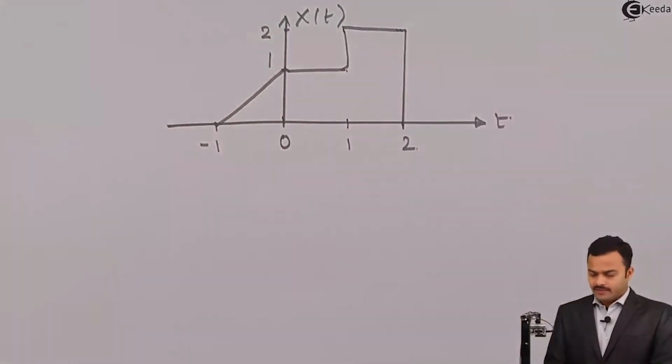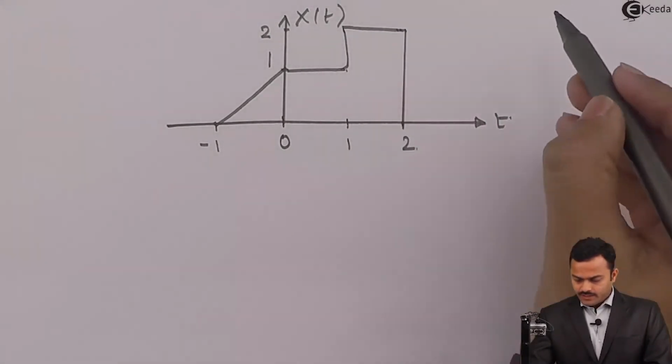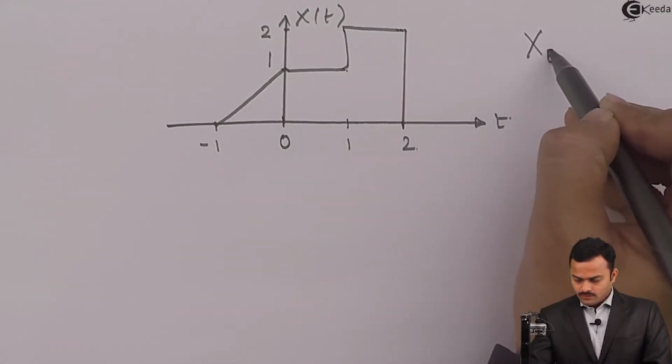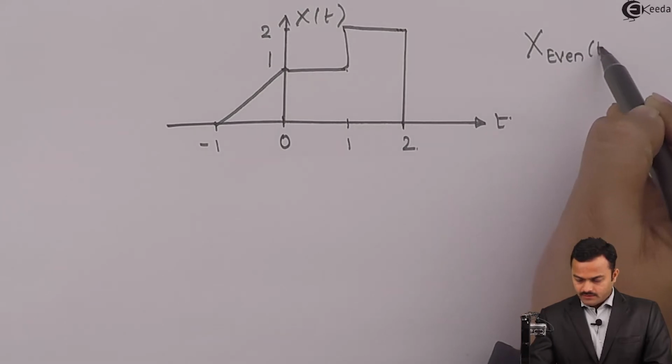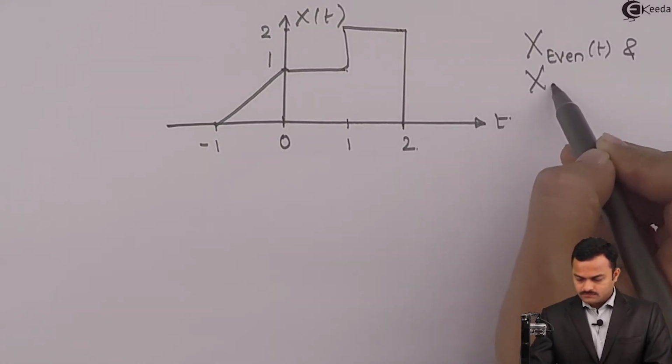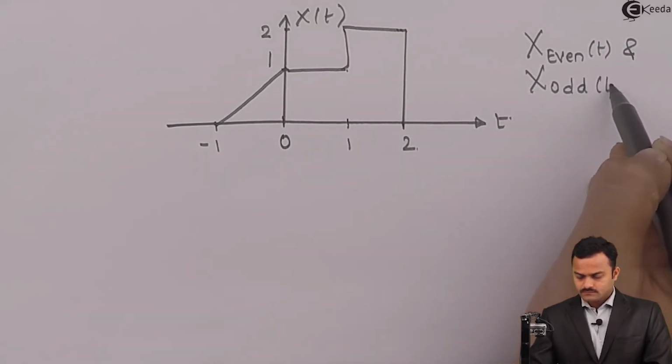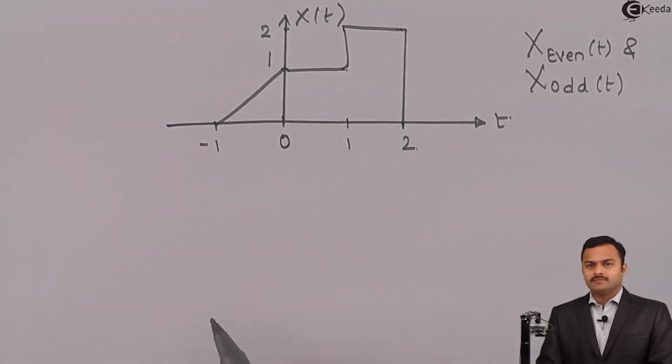So this is the signal given, x of t. We need to find out its even and odd part. The procedure is very simple.